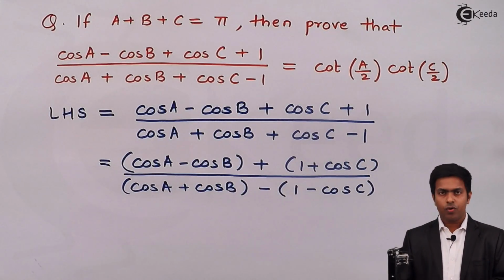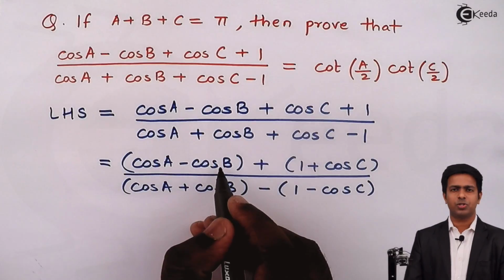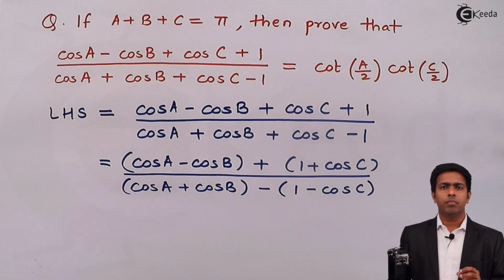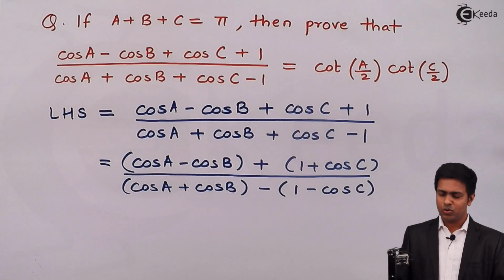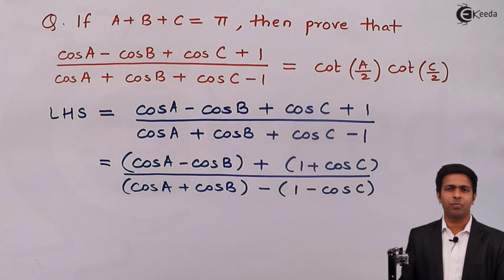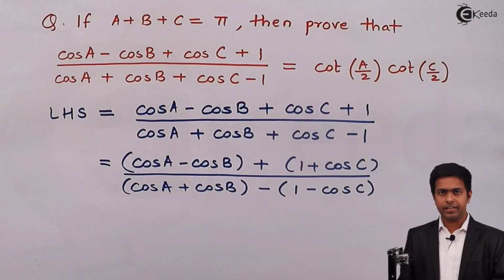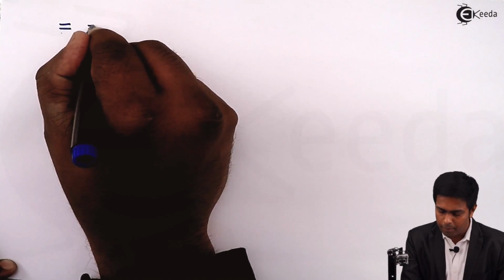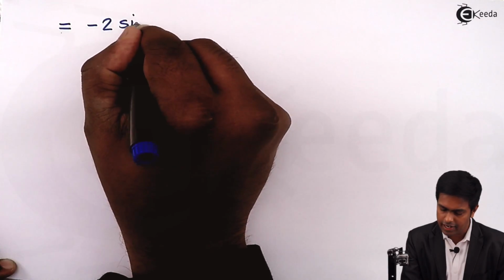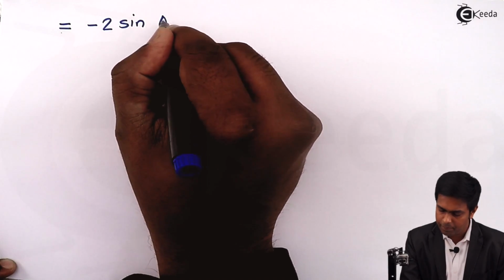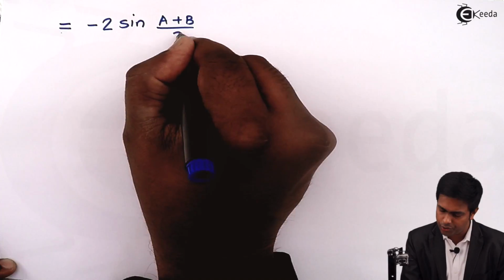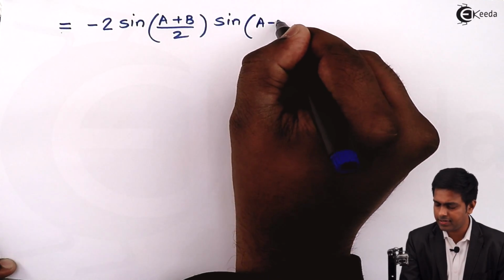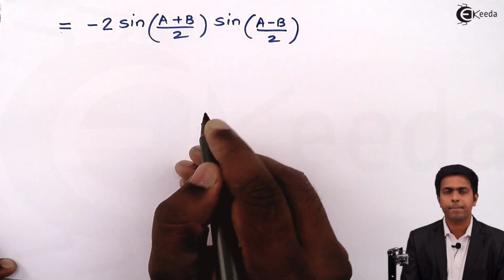Now what is the formula of cos A minus cos B and cos A plus cos B? So guys, remember you have to memorize all the formulae to solve the problems of trigonometry. So I'll tell you the formula for cos A minus cos B. It is minus 2 times sine of (A plus B) upon 2 into sine of (A minus B) upon 2.